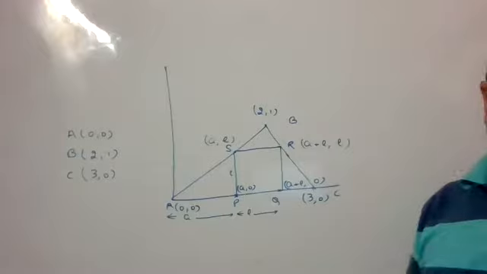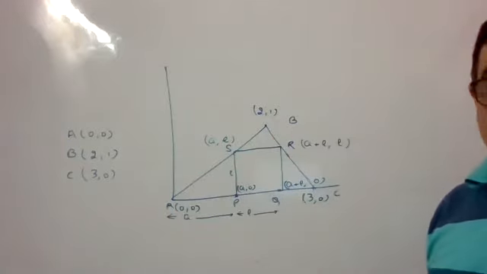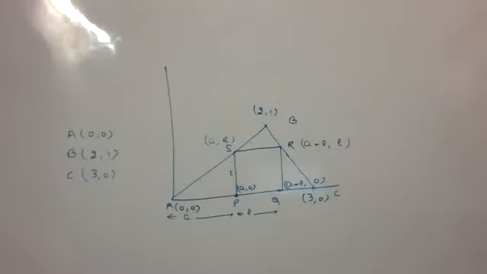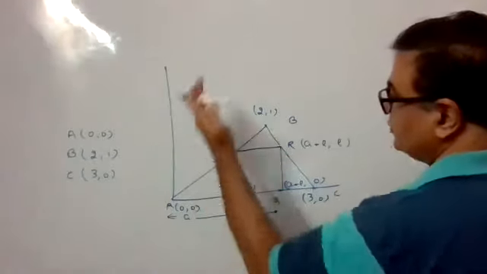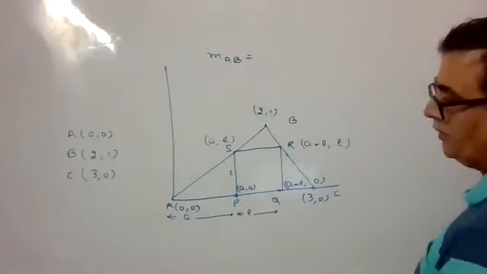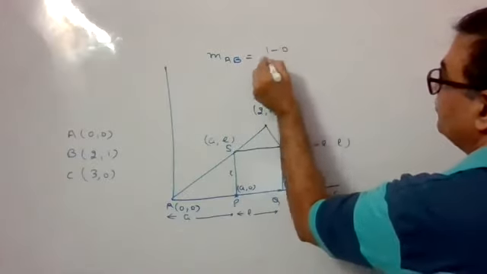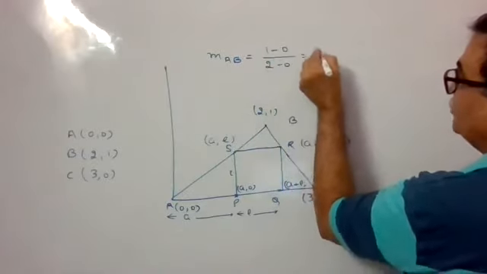First find out equation of line AB. The first step is to calculate slope of AB. What it will come out to be? 1 minus 0 by 2 minus 0 comes out to be 1 by 2.